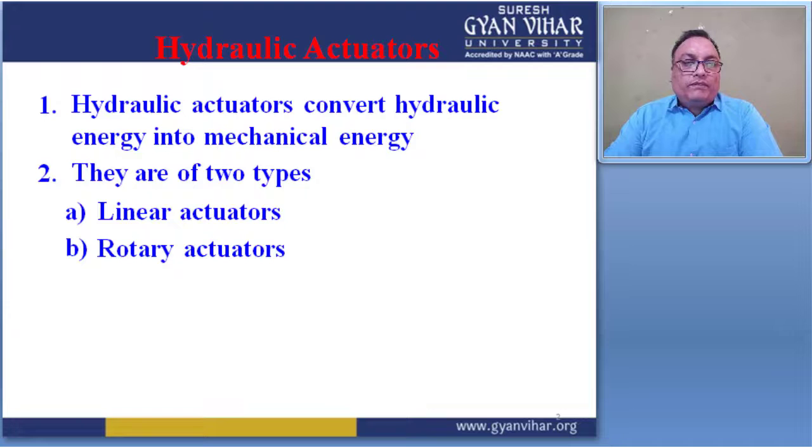If an actuator performs a linear task, meaning to and fro motion, it is called a linear actuator, and if an actuator performs a rotating task, meaning it produces the desired work while rotating, it is a rotary actuator.